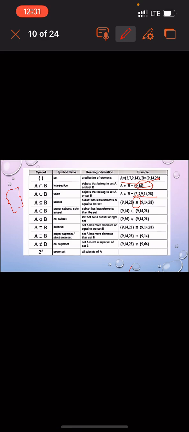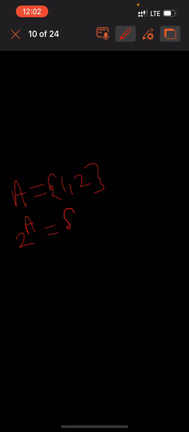Power set means all the subsets of A is called power set. We can represent this power set as 2 power A. See here, suppose A having the elements 1, 2. What is the power set of A? Power set of A is collection of subsets of A. What are all the subsets?